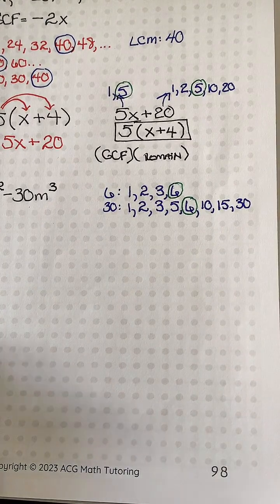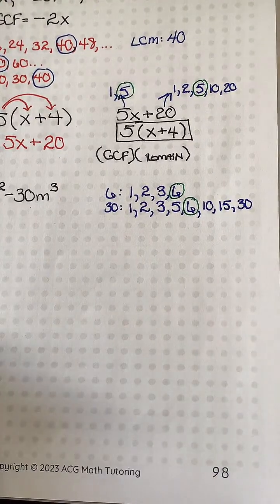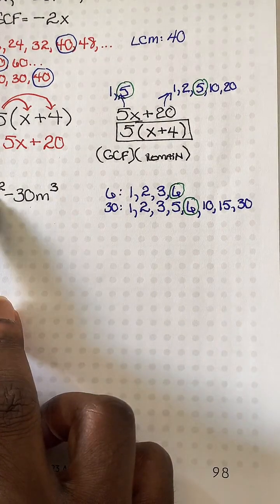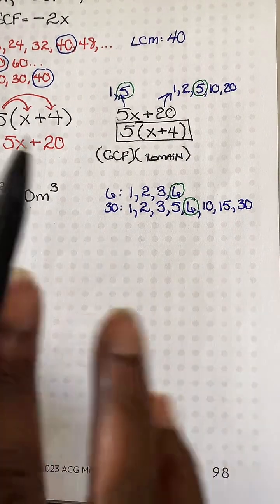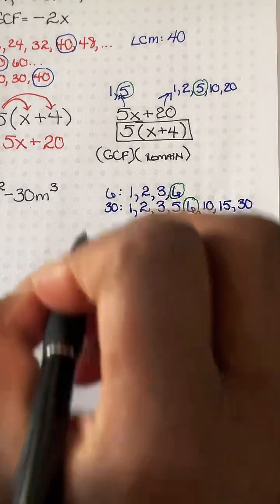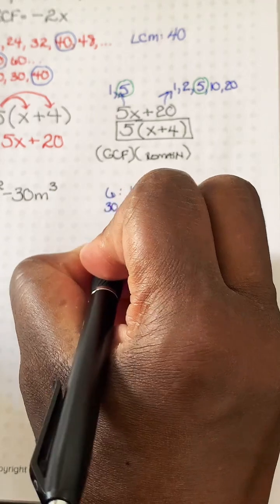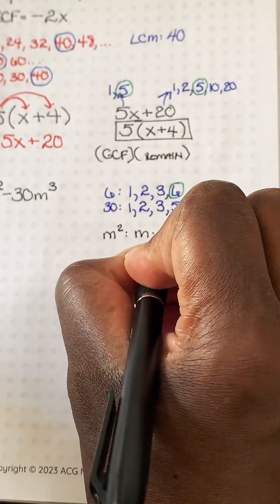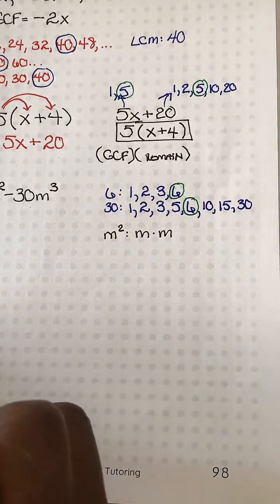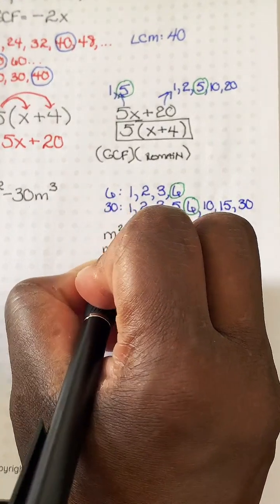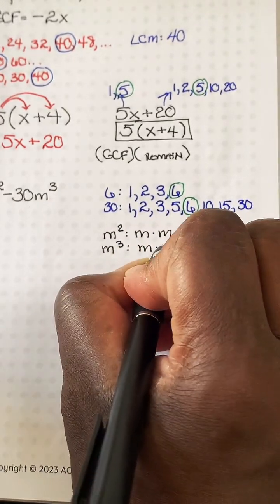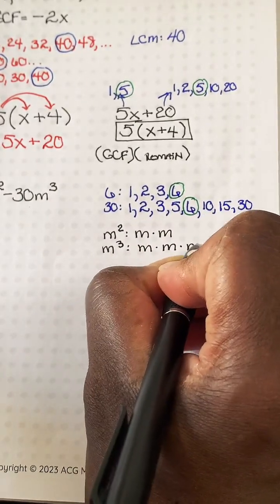Now, let's take a look at these variables. The shortcut of it is take the one with the lowest degree, which is going to be my m to the 2nd power. But let me show you why. I know that m squared is m times m. m cubed is m times m times m.